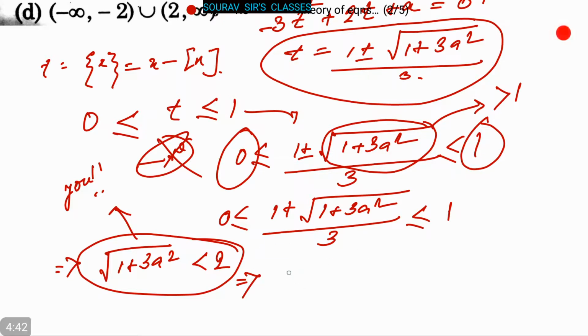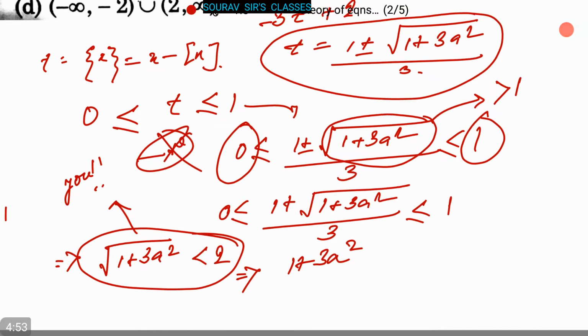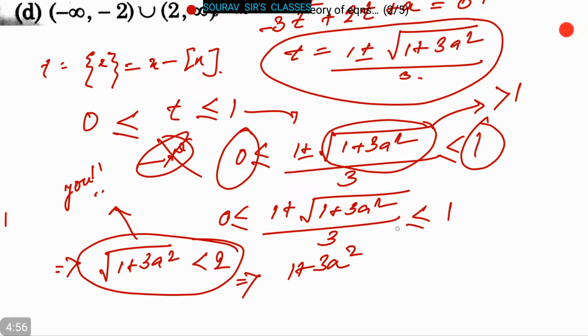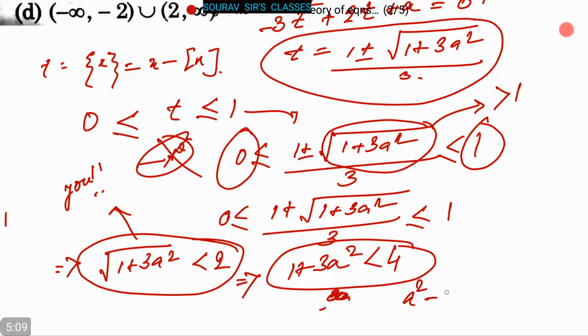Once we square and get rid of that nasty square root, we have 1 plus 3a squared less than 4, or rather a squared minus 1 is less than 0. Once we break this up, we have (a plus 1)(a minus 1) is less than 0.